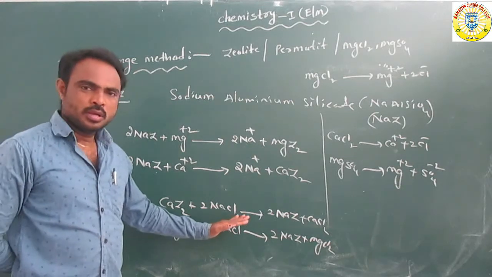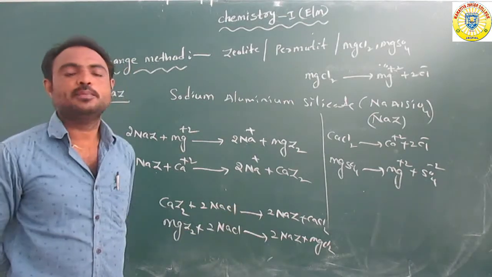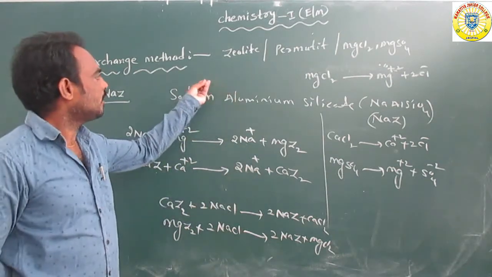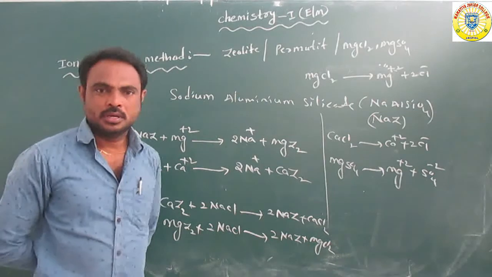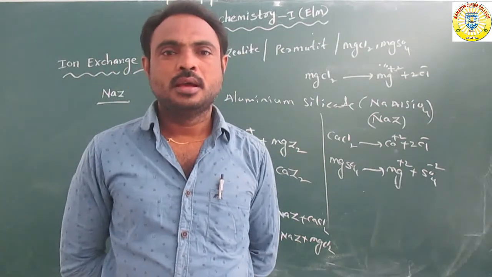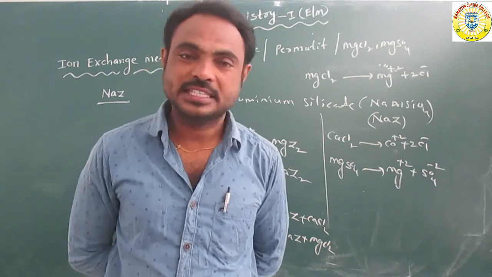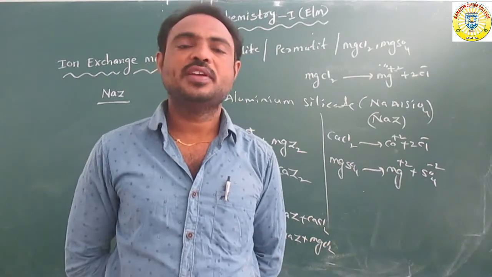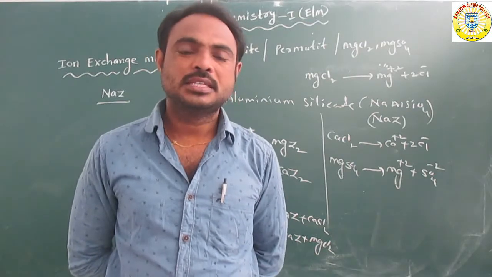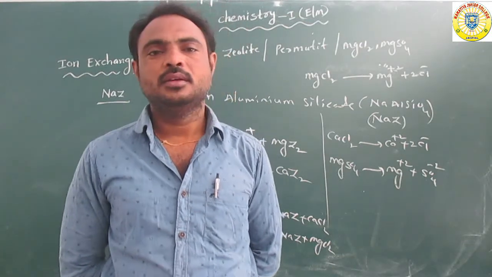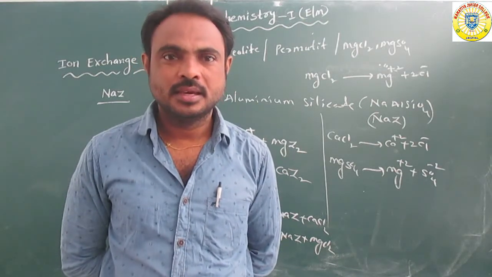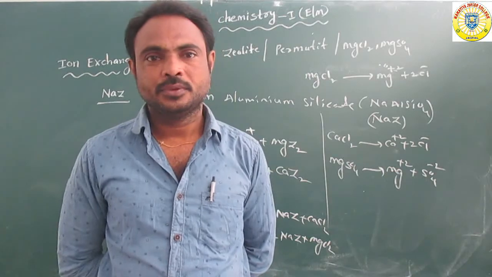When we add sodium chloride, we regenerate the sodium permutit. In the next class we will discuss the ion exchange resin method. It is also one of the best methods to remove salts from hard water.